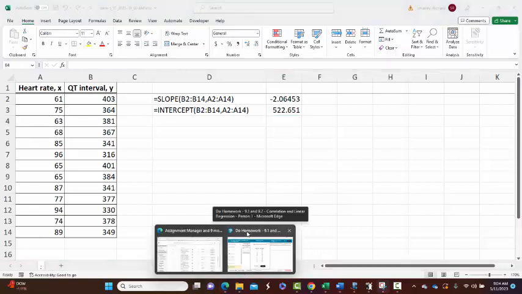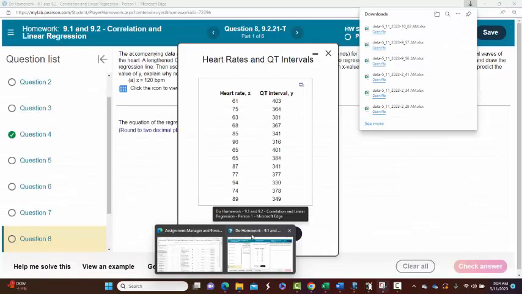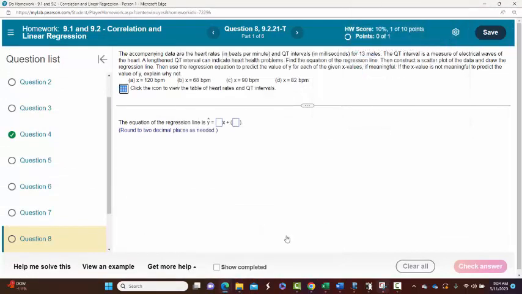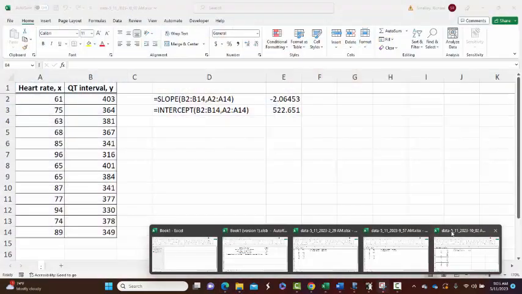Let me double check. All right, it wants 2 decimal places. So it was, I forgot, 2.06, is that right? Or negative 2.06, yes.